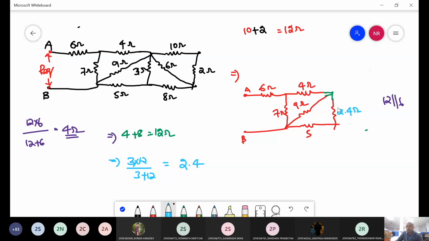Next to this 2.4 and 5 ohms, these two are series. So that is 5 plus 2.4. How much it is? 7.4. Then next level, see, please do not get confused, step by step.